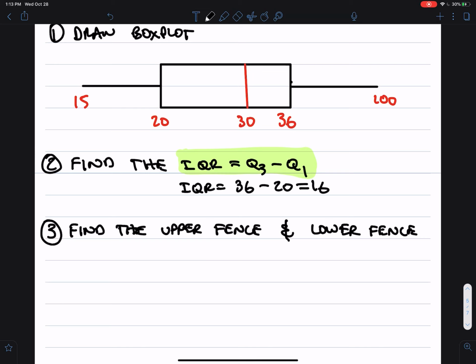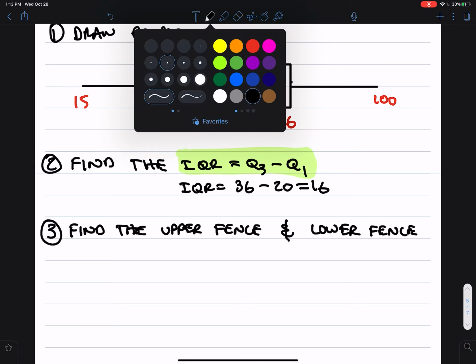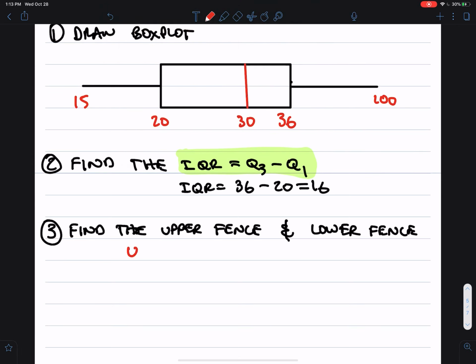There is a formula for this. For the upper fence, I'm going to put UF for upper fence, and I'm going to call that Q3 plus 1.5 times the IQR. This is a formula given in the book.